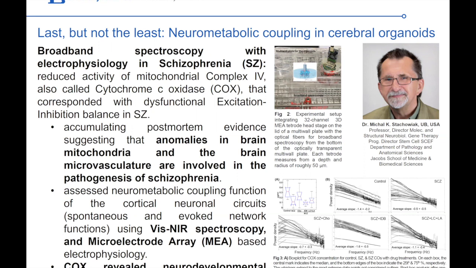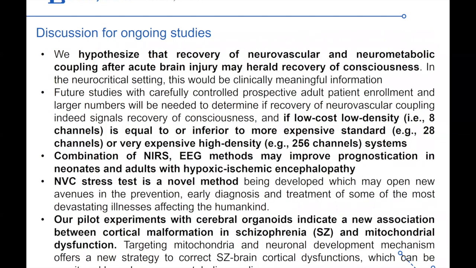So the end goal is to establish this neurovascular and neurometabolic coupling as a marker of the brain tissue state, and to see if that can be used as a marker of recovery of consciousness in acute brain injury, and in other brain disorders.